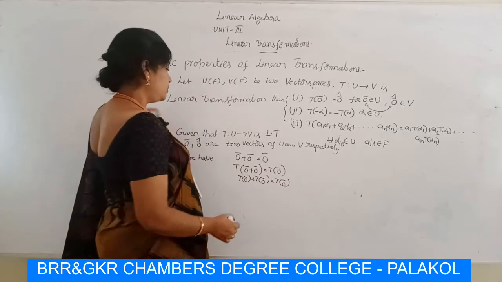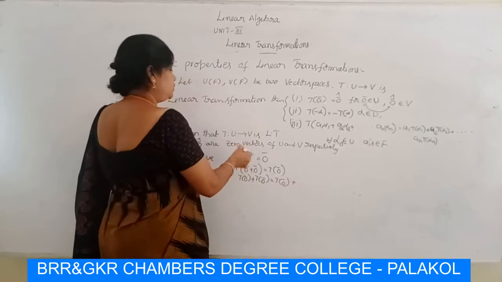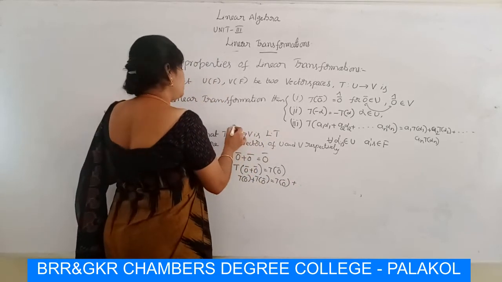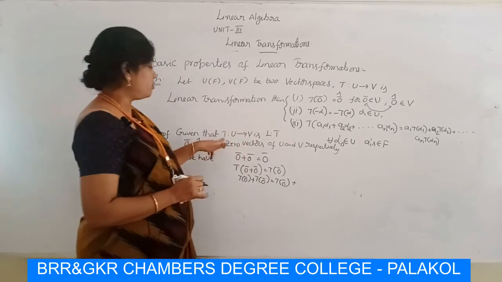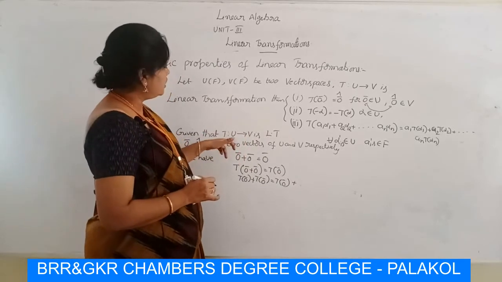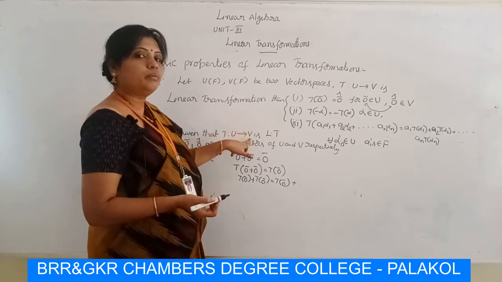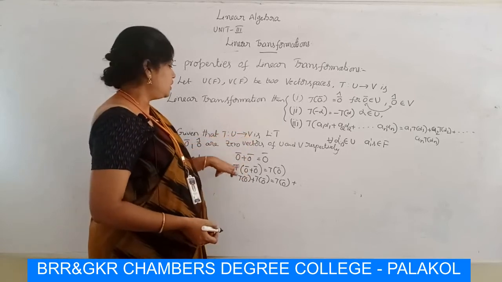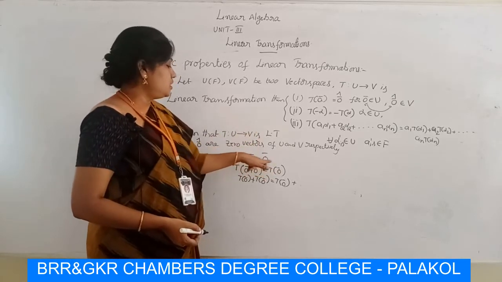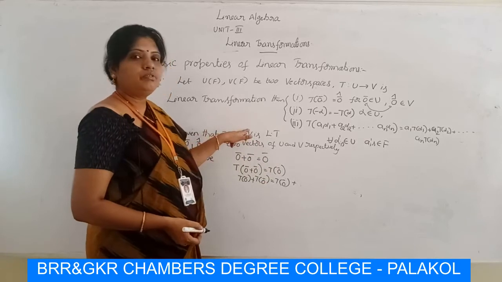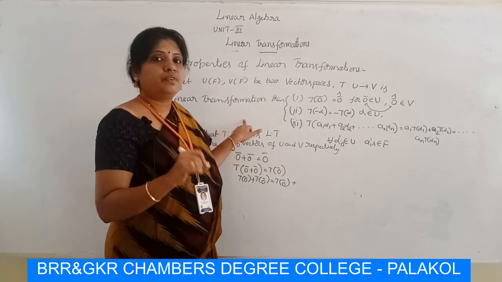Now here 0 bar is the 0 vector of U, that is the domain of our mapping T. Then its image T of 0 bar belongs to the codomain V. So T of 0 bar is a vector of V. What is the 0 vector of vector space V?